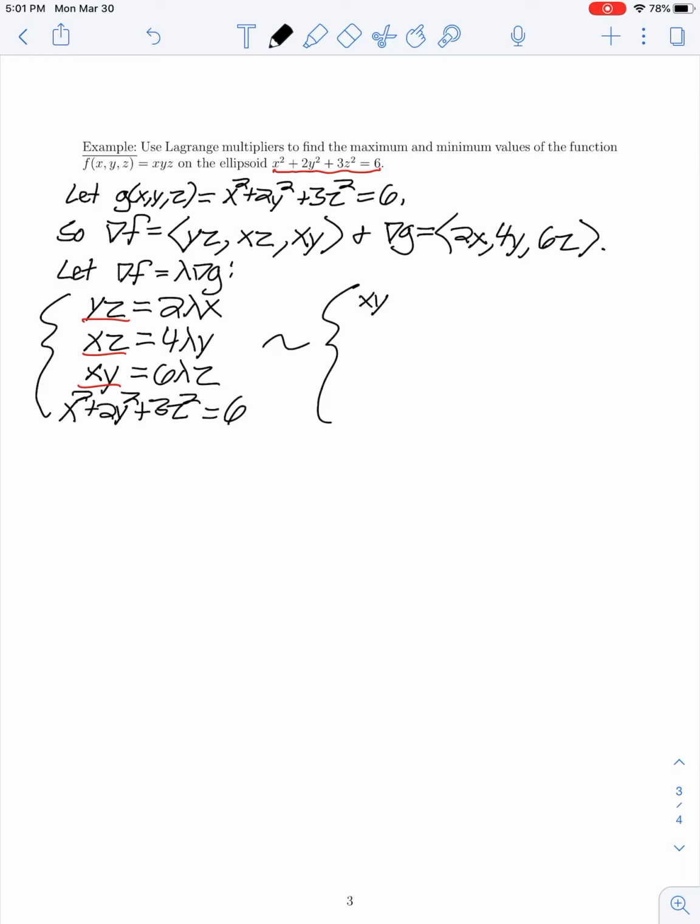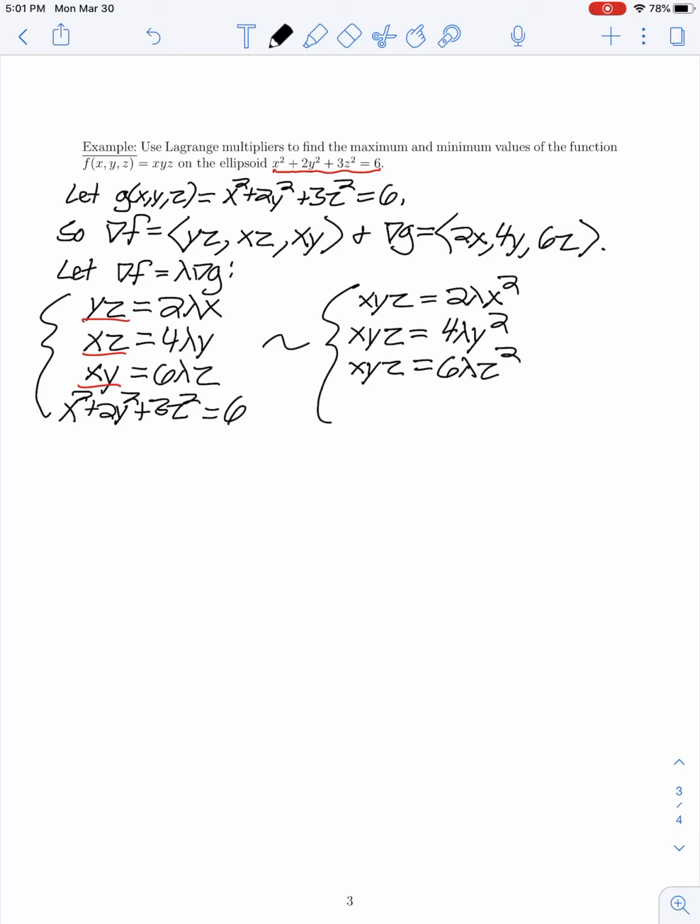So the system we have here is equivalent to the system that I would get by multiplying my first equation on both sides by x. So we could have x times y times z is equal to 2 lambda x squared. If I multiply my second equation by y, we would have x times y times z is equal to 4 lambda times y squared.